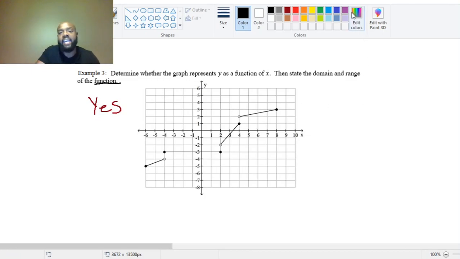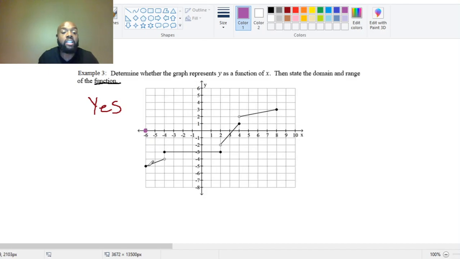By shading in, basically I look at my function. My function starts to the left, there's no endpoint, so I know my function doesn't continue to the left of -6. I have a point at -6, so I'm going to shade in my x-axis.